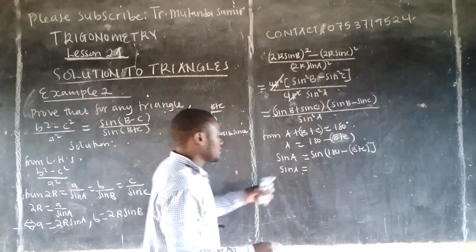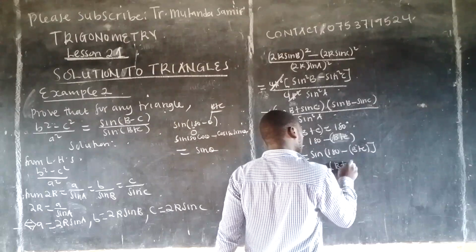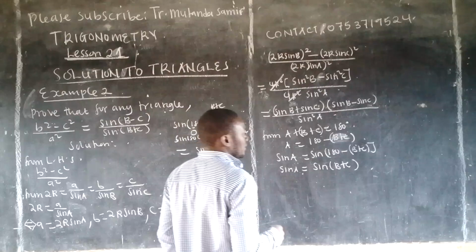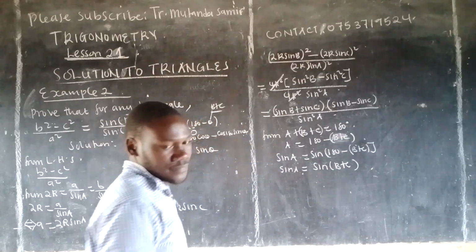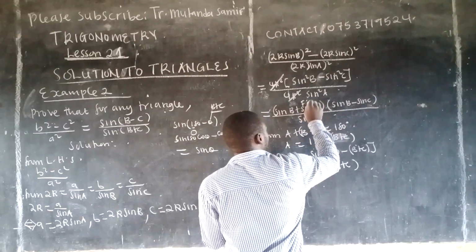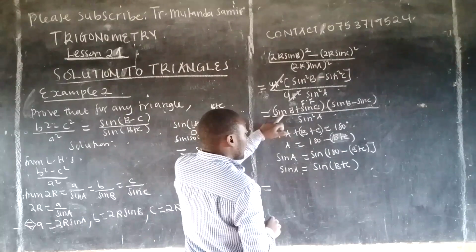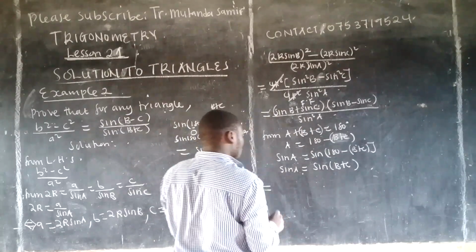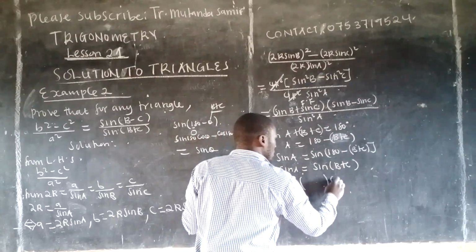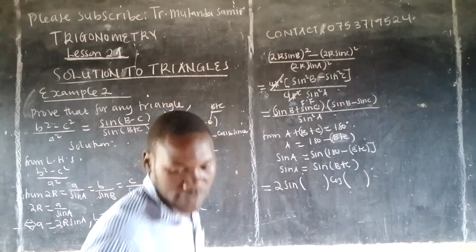So what you must know is that sine of A will just give you sine of B plus C. Now we take it back there. Then here we are going to apply the factor formula. We are adding these two, so that will be 2 sine cos.